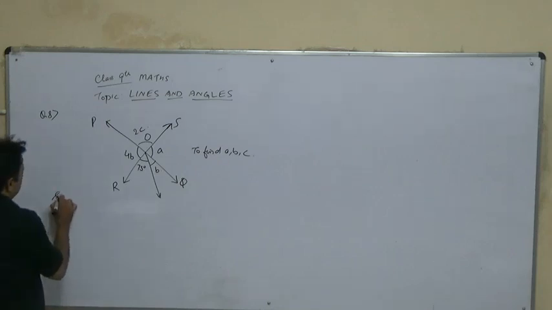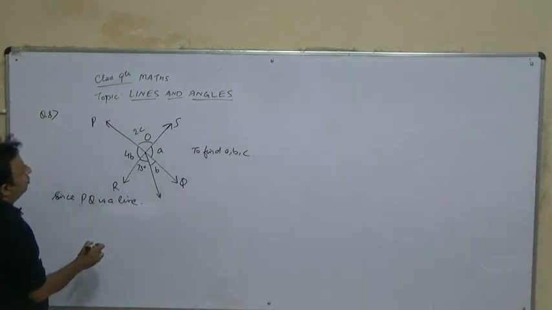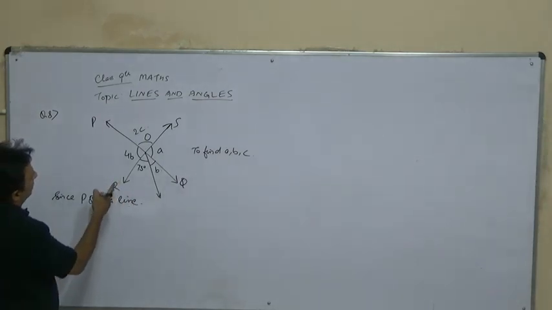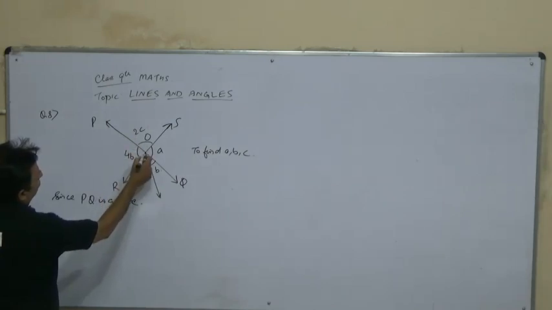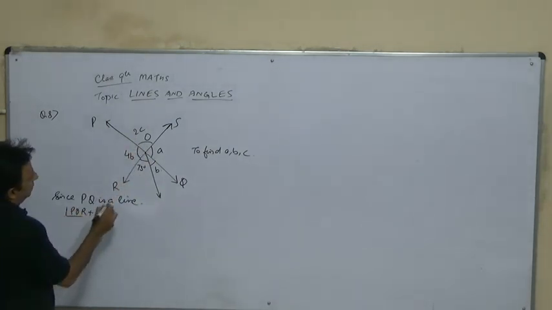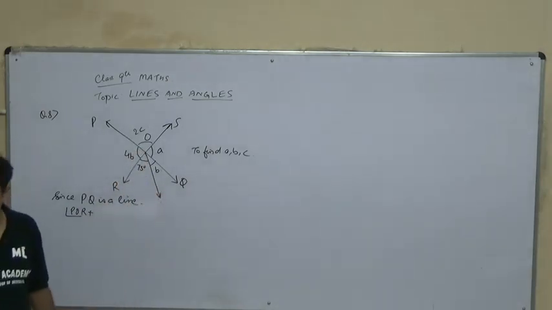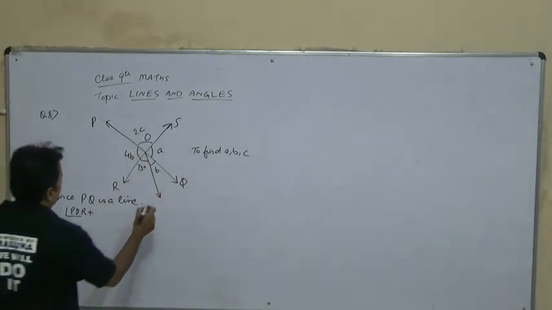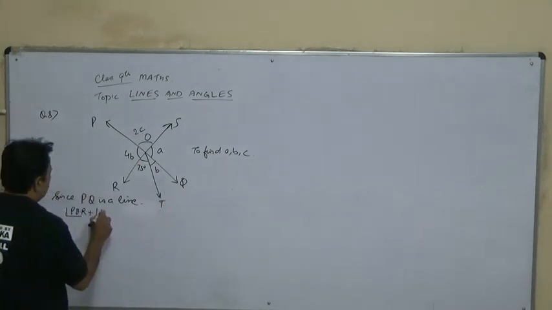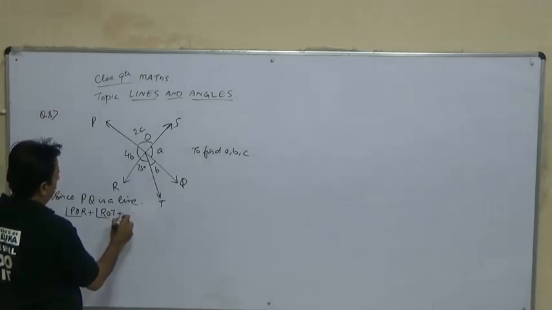Since PQ is a line, what will happen? Which angles? POR plus ROT, let us say this point is T, angle ROT plus TOQ.